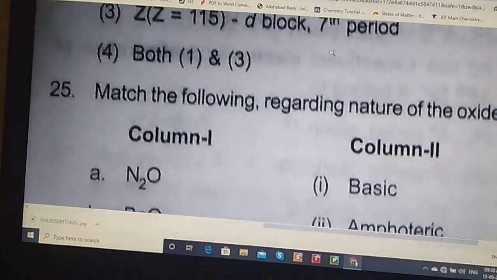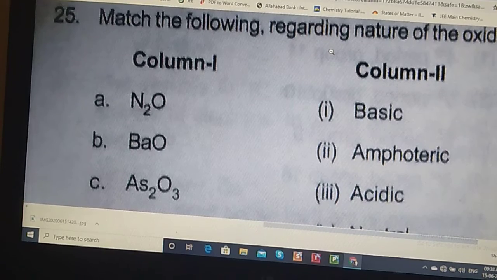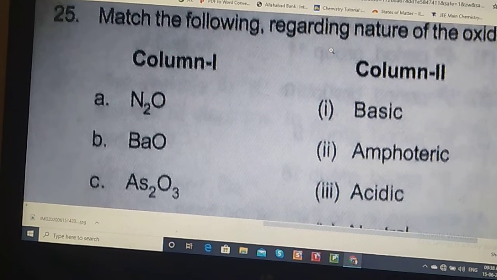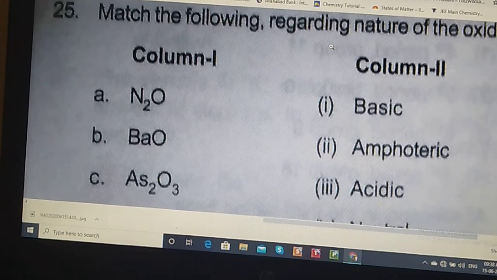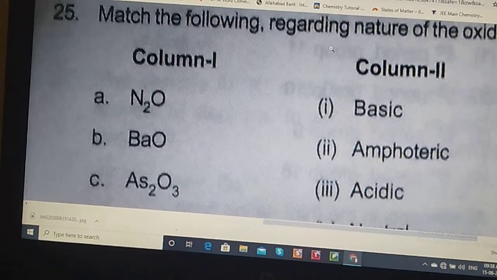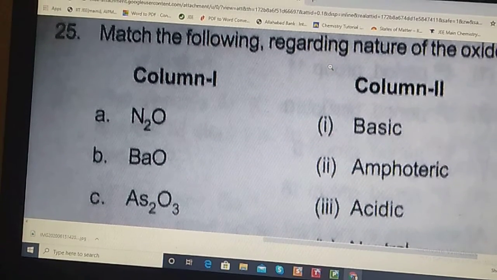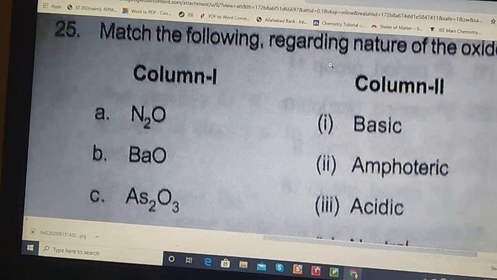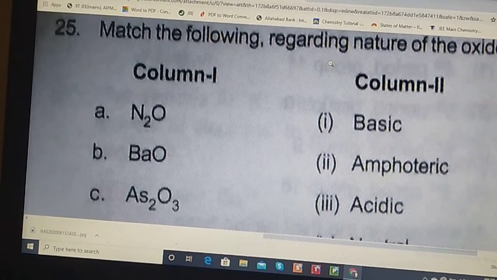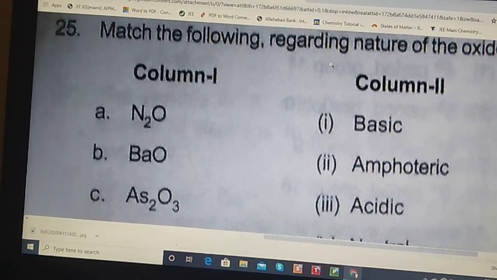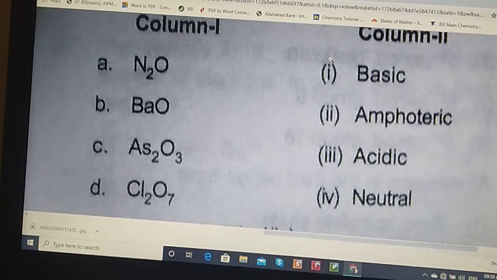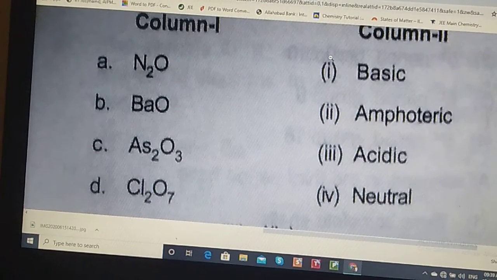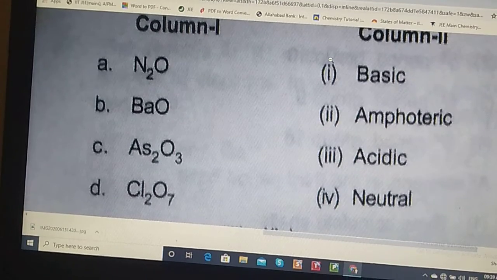Now the last one, student: match the following regarding the nature of oxide. For the first option, N2O is neutral, so the first matches with the fourth option. N2O is neutral, you have to memorize that. Then BaO, barium oxide, is basic.